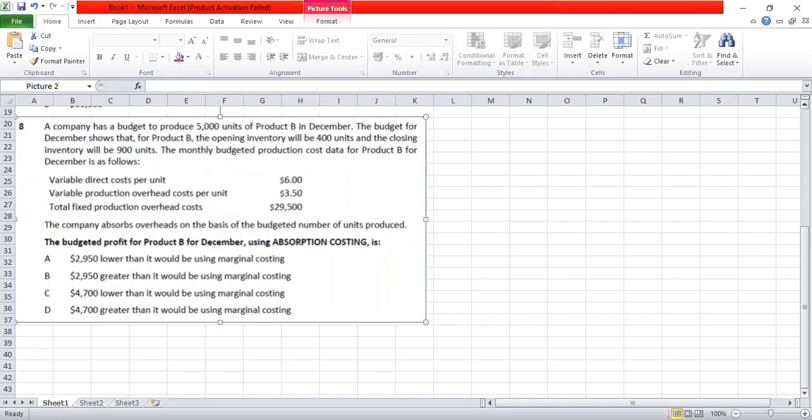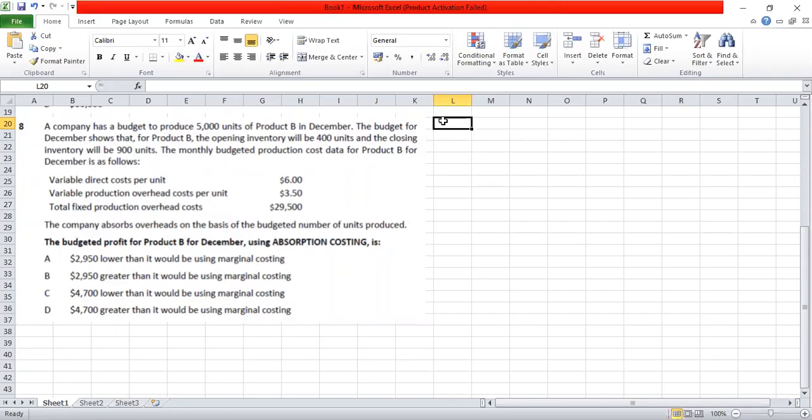A company has a budget to produce 5,000. Out of that, the opening inventory is 400, closing inventory is 900. The total fixed production overhead cost is 29,500.